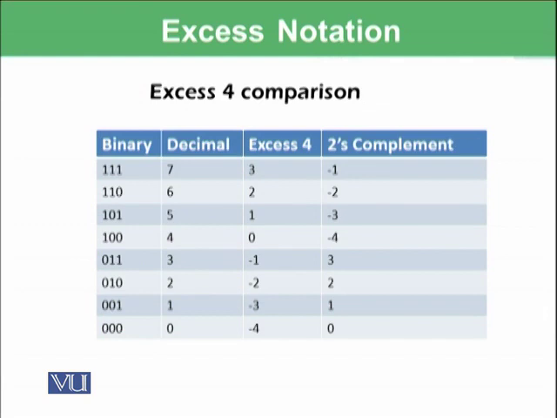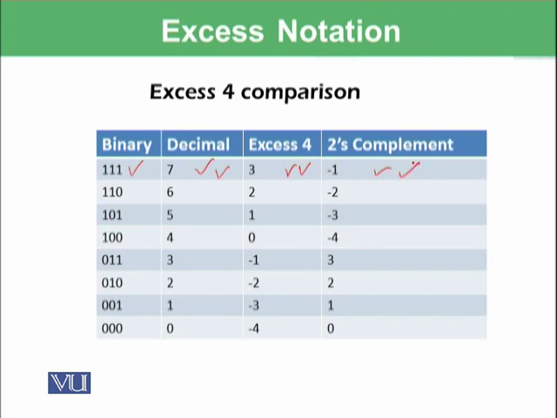Here I have made a comparison of excess 4 notation for binary, decimal, excess 4 and 2's complement. You can see that 111 is represented in decimal as 7. In excess 4 notation it gives 3, and in 2's complement it gives -1.